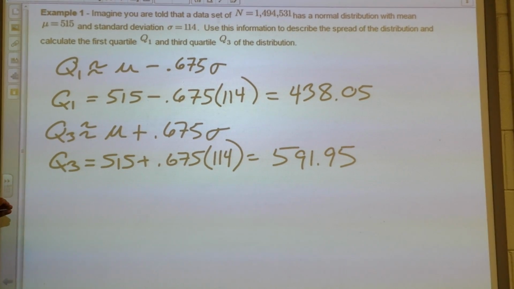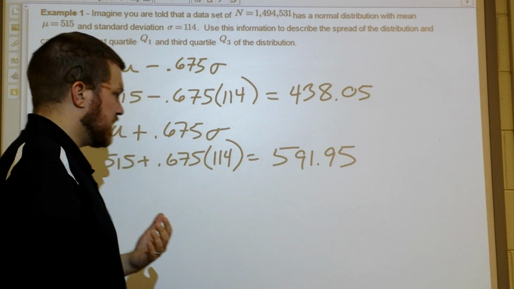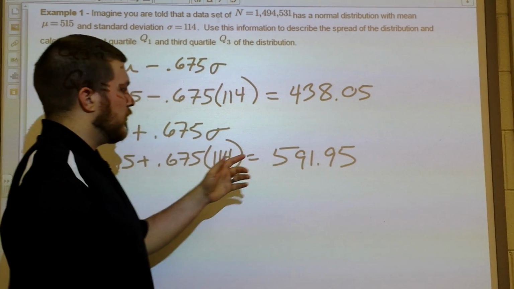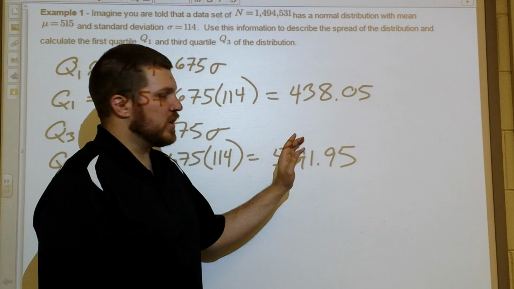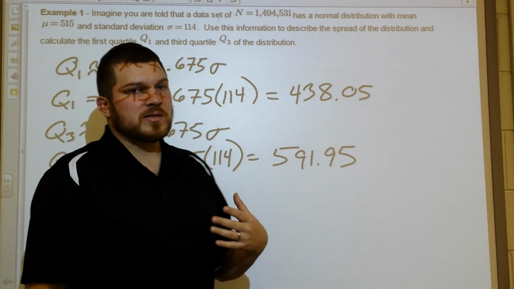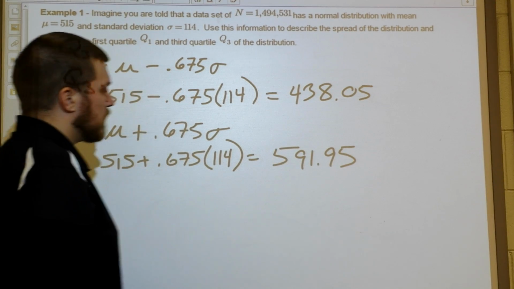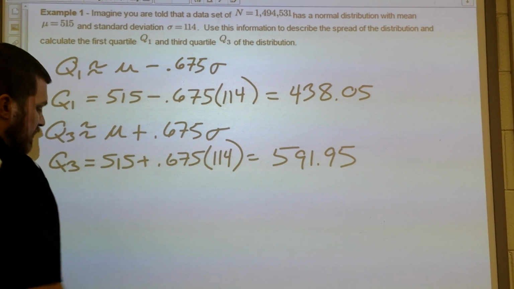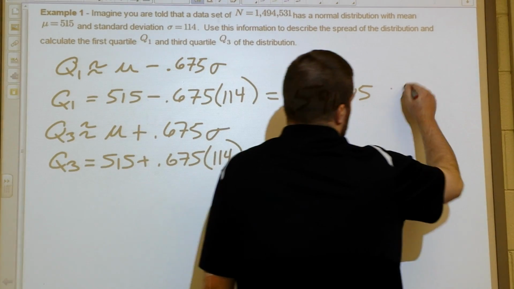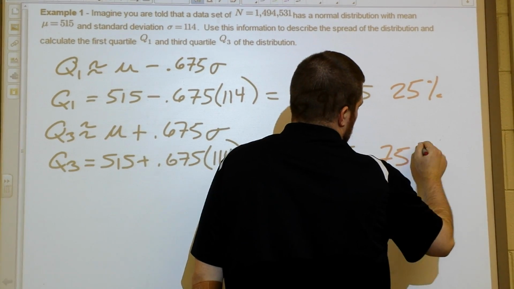Same thing for quartile 3. Quartile 3 is our 75% marker of this data set. So at quartile 3, we have 591.95, or approximately 592. So 592 is approximately set at our 75% marker. Now, if we think of the difference, this was 25%, and this was 75%.